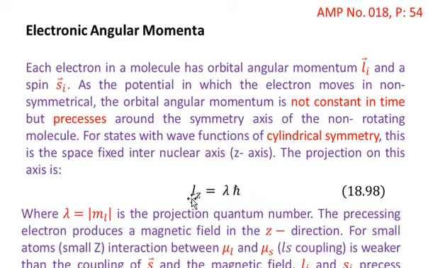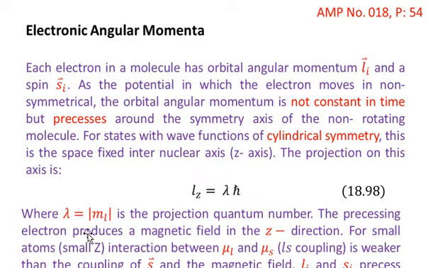So the z component of the orbital angular momentum of the electron, Lz, is equal to lambda times h bar, where lambda is the projection of the vectorial form of the angular momentum on the z-axis.